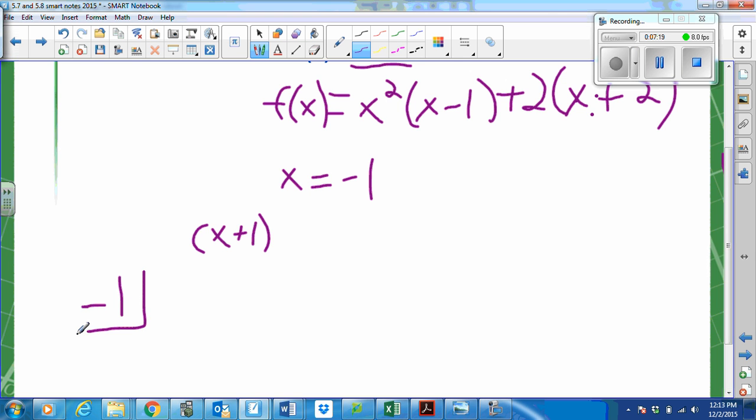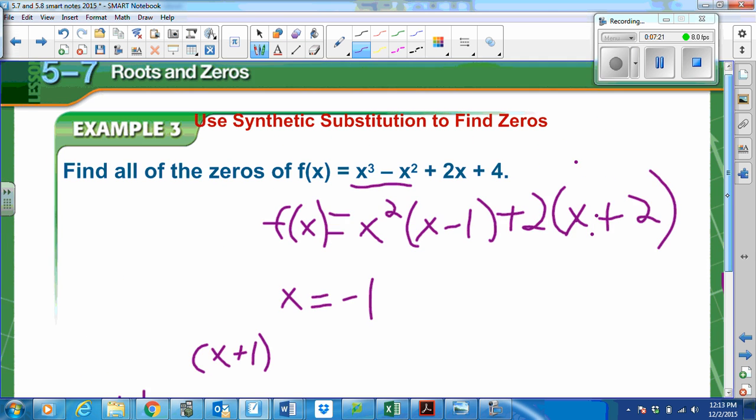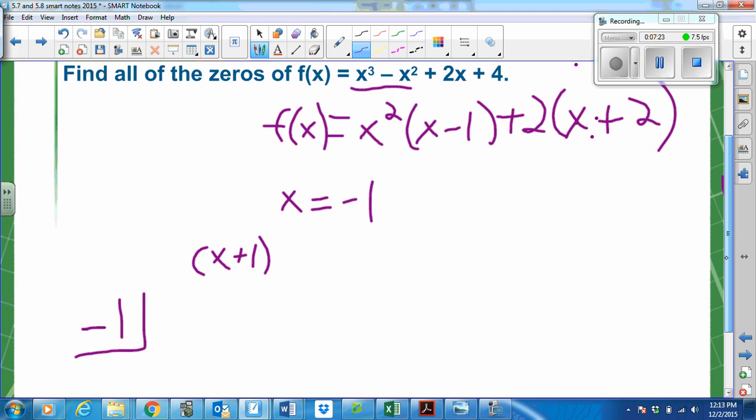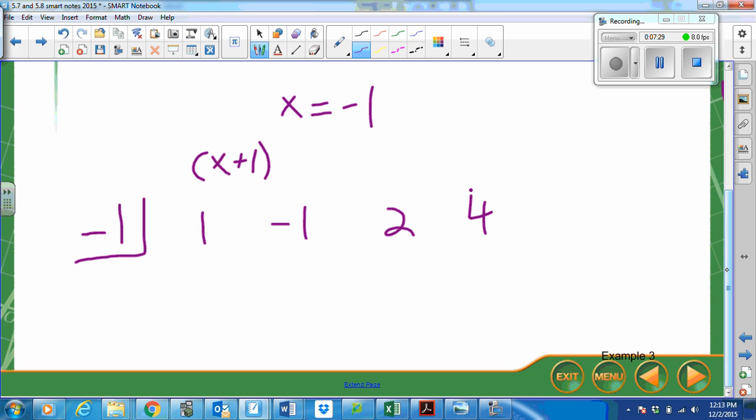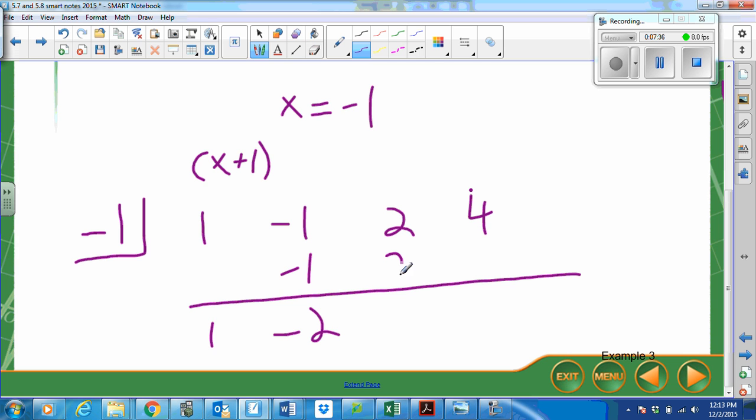So I'm going to put negative 1 in the box, and I'm going to do our coefficients. So 1, negative 1, 2, 4. And so we get 1, negative 2, 4, and 0.